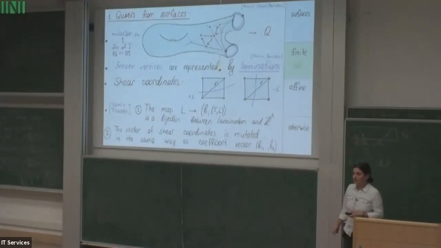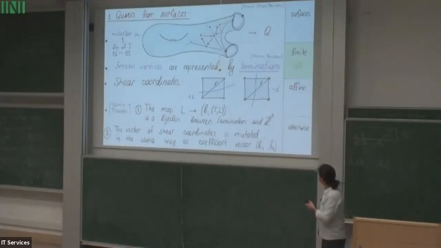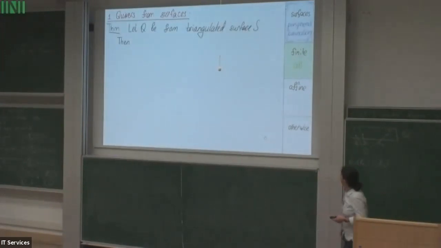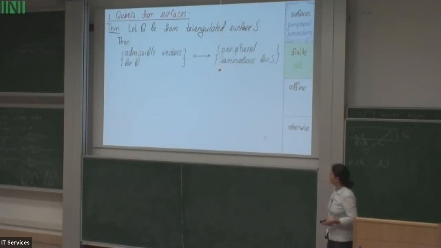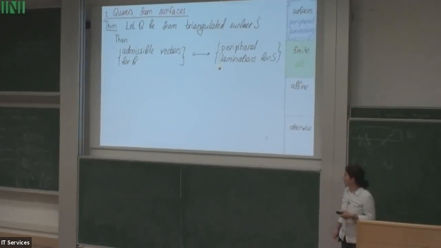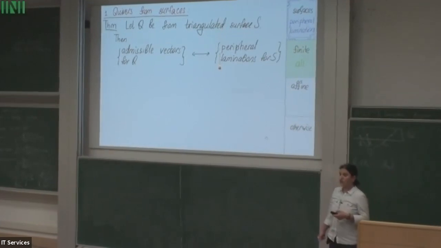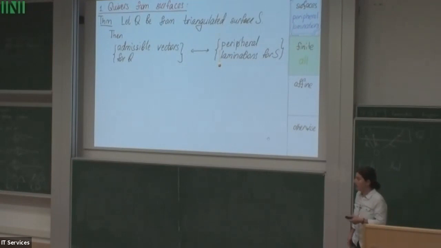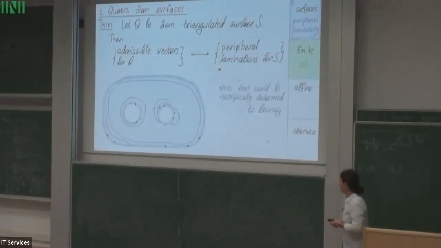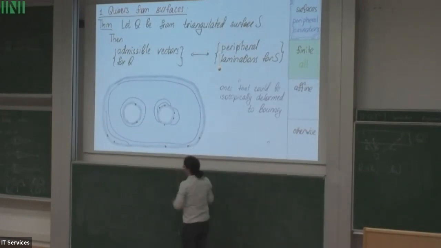So now I think we are prepared to state the theorem for surfaces. Given a quiver from a triangulated surface, then any admissible vector for this quiver will correspond to some peripheral lamination, where by peripheral lamination I mean any lamination which can be pushed to the boundary.